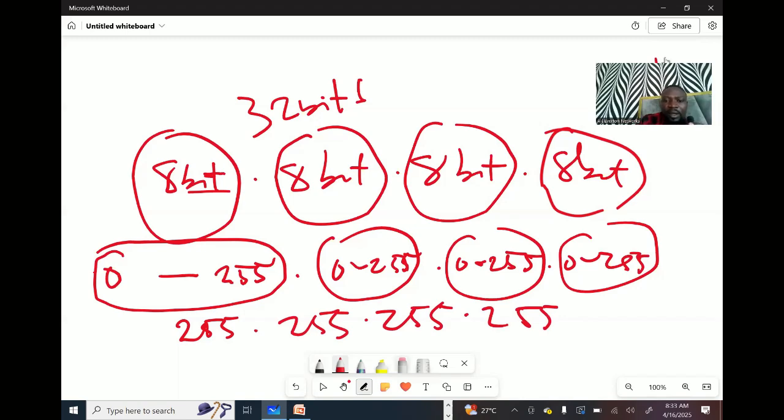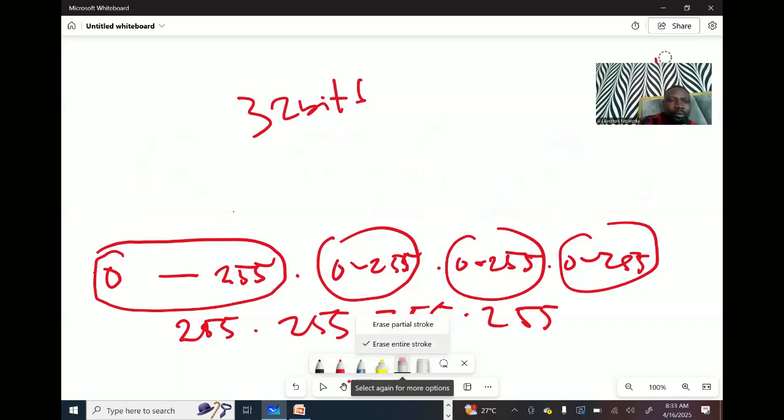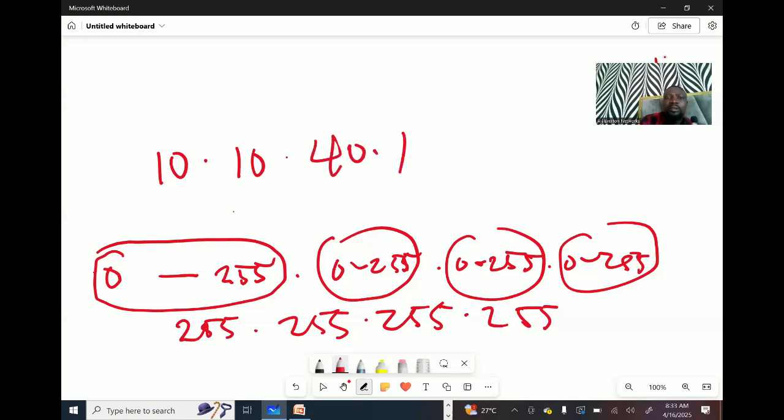That means a valid network address can range between these values. Let's say you put 10.10.40.1.